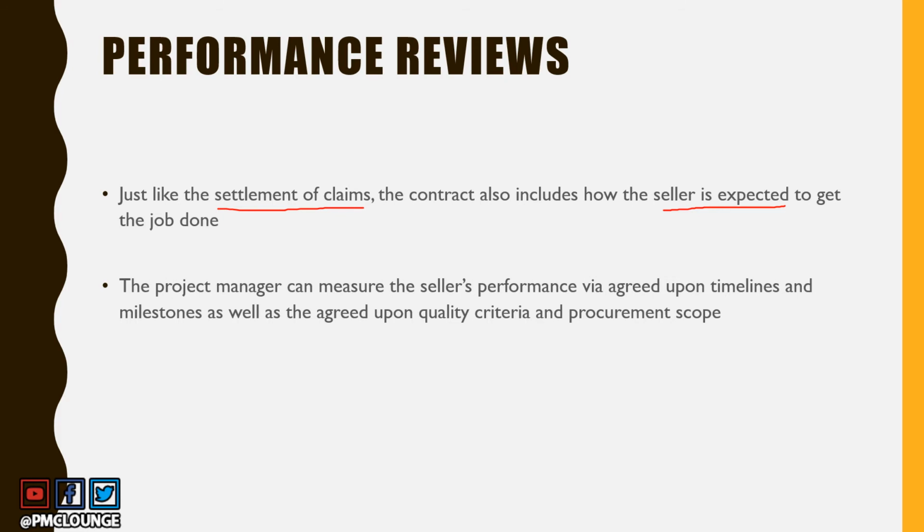You can do so based on the agreed upon timelines, the milestones, the quality criteria, and the scope of the engagement. So you have these items to measure the performance of the seller, and then you can of course do a performance review of the seller.